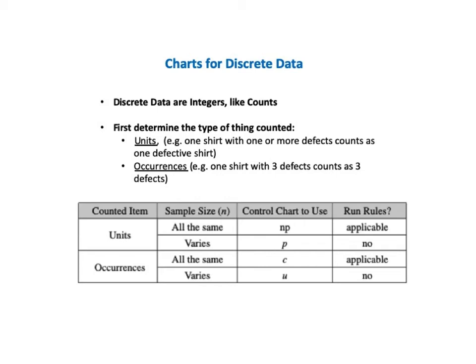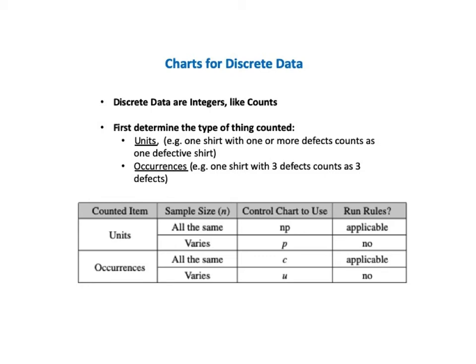What's the difference? Well, let's say we're counting defects in a process which manufactures shirts. The shirt is the unit, and the number of defects is the number of occurrences. Any one shirt could have 0 defects, or 1 defect, or several defects. It is useful to know both how many shirts are defective as well as how many defects have occurred.